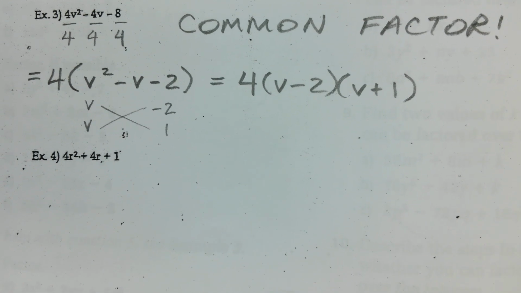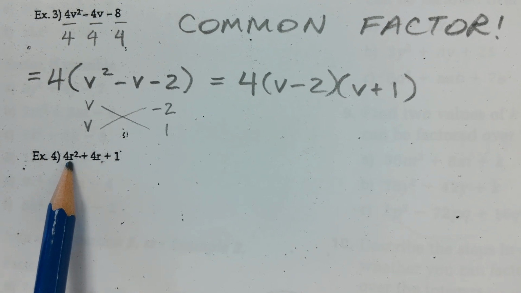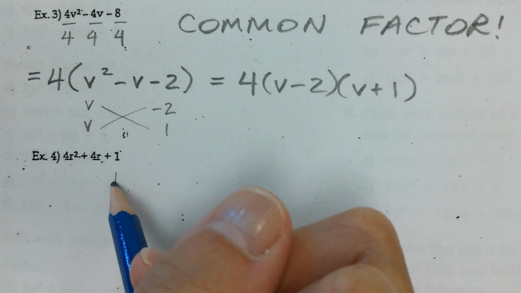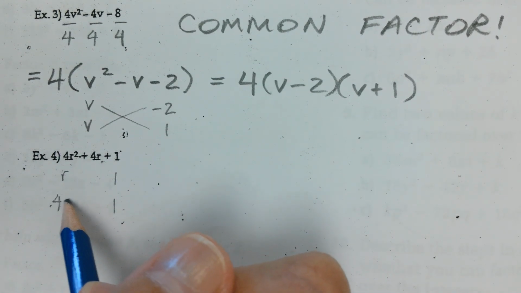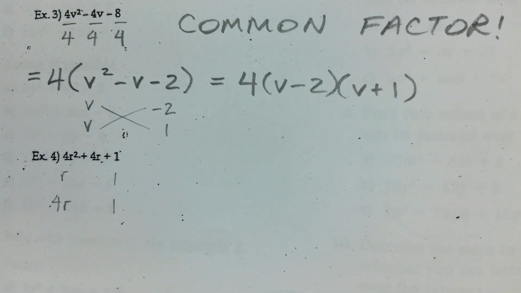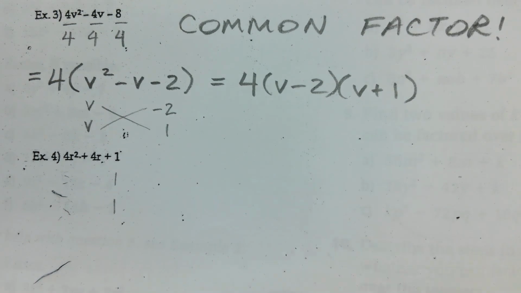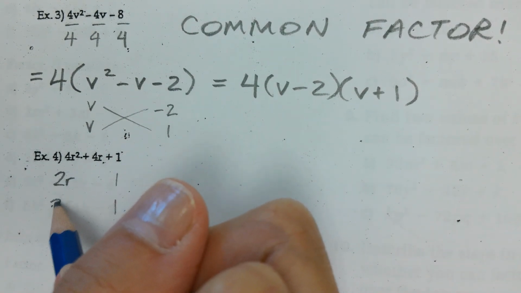Okay, Emma, I'm going to ask you the next one. Yeah, this one. So let's break up the 4r squared. 1r, 4r, okay. Looking ahead, I know this is just going to be 1 and 1. If I do 1r and 4r, I don't think I'm going to get that 4r. So how else can I split up that 4r squared? What times what gives you 4? Yeah, 2 and 2. So 2r, 2r.